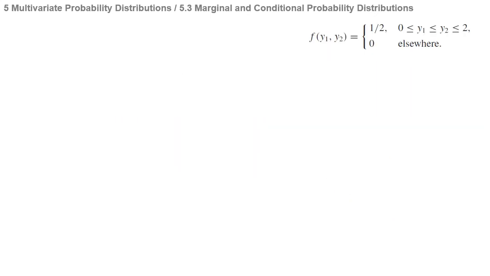Okay, so let's try to solve. The first one is to find the conditional density, which is f of y1 given y2. And the second one is to find the probability of y1 is less than or equal to 1 over 2 given y2 equals 1.5.